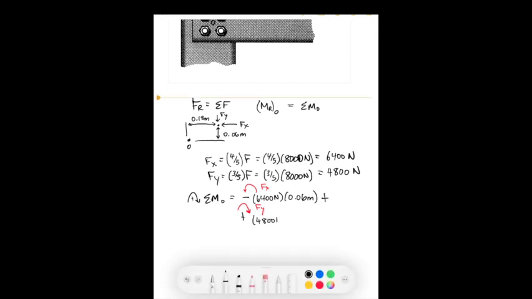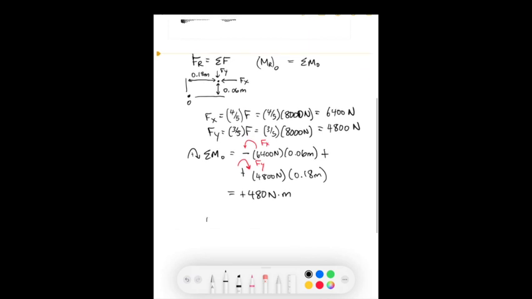So the force in the xy times the perpendicular distance, which we see is 0.18 meters. So plug that in, we find that we have a positive moment. So the equivalent moment about the point O is equal to 480 Newton meters in the clockwise direction.